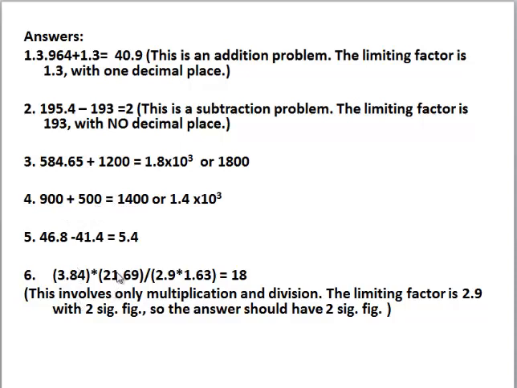Counting sig figs is important in multiplications. Don't confuse this rule, because this is where students most often become confused. 1 sig fig plus 1 sig fig, the solution has 2 sig figs, and that's okay, because when we're adding, we do not use the multiplication rules.